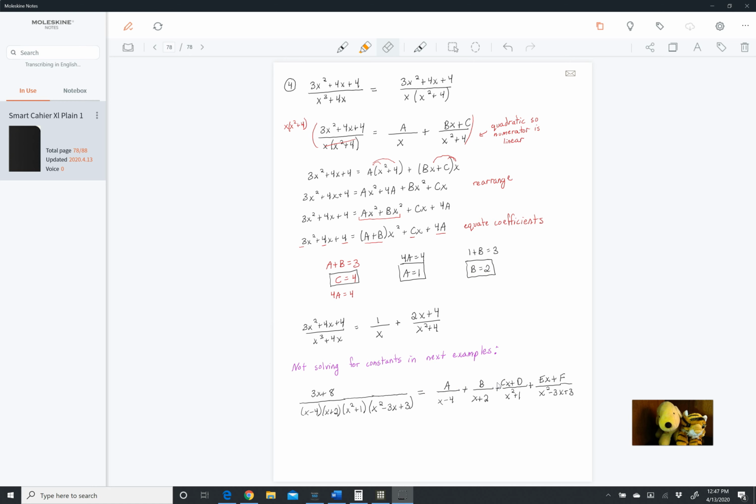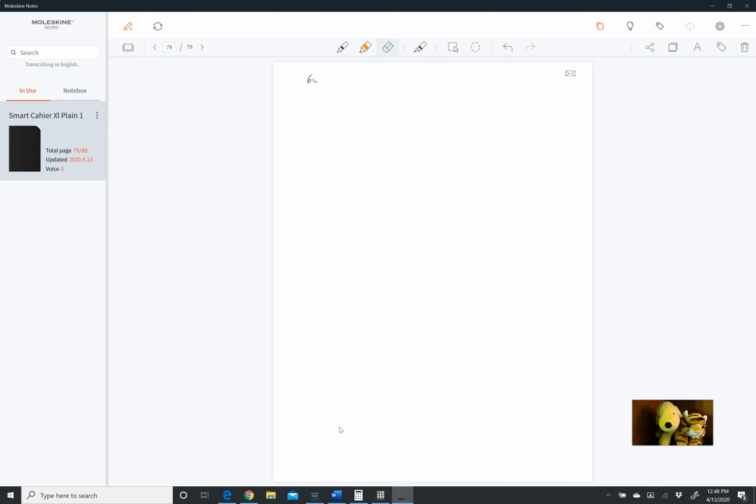The other type of instance is if you have something that's linear, but think of it as a multiplicity greater. So if we have a factor that has multiplicity greater than 1, then it works a little bit differently. Okay. So let's take an example. Let's say that we have, I'm going to keep these numerators simple because it really doesn't matter, 6x squared minus 7x plus 2.